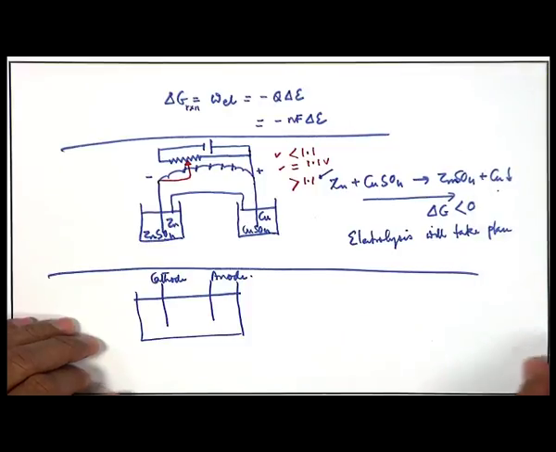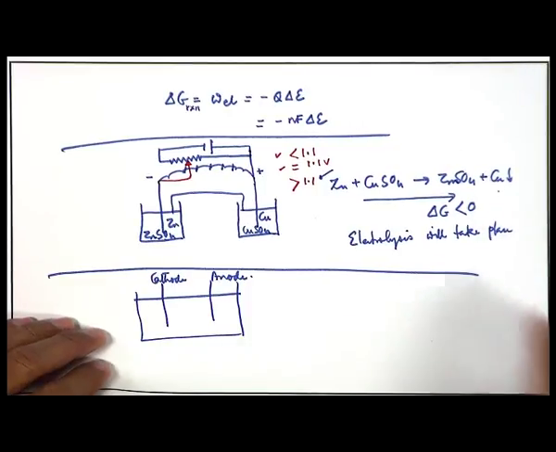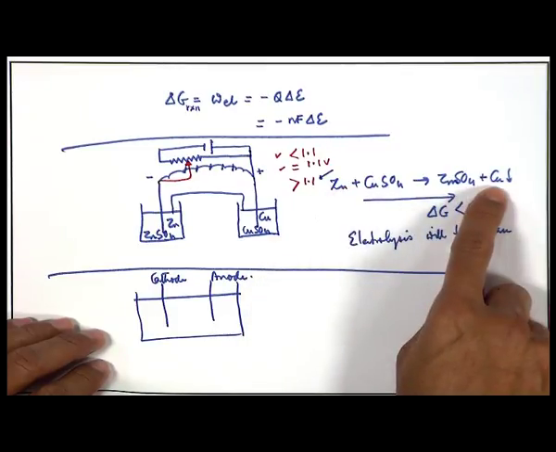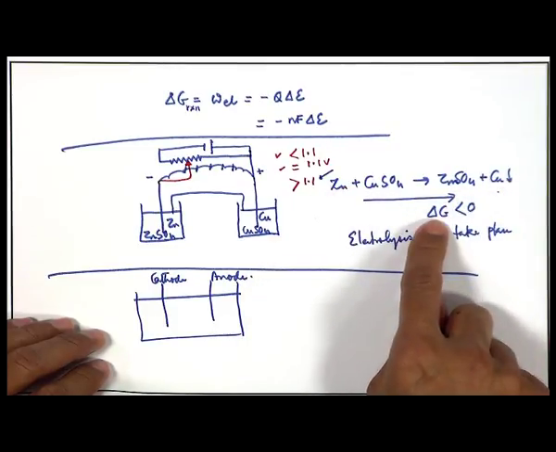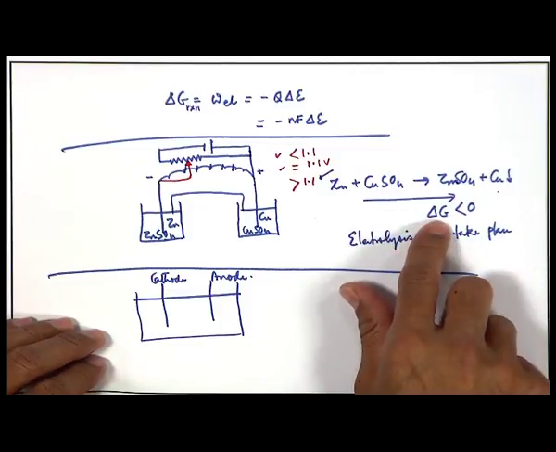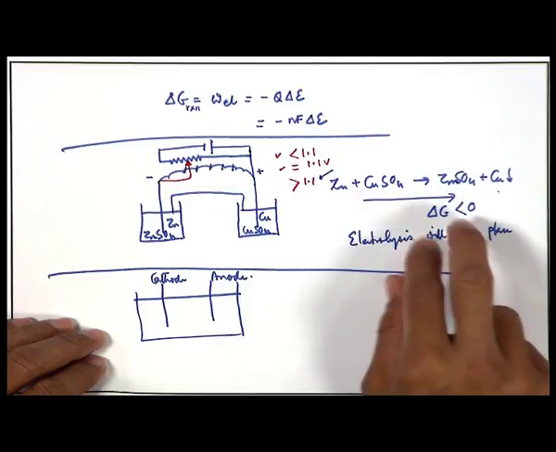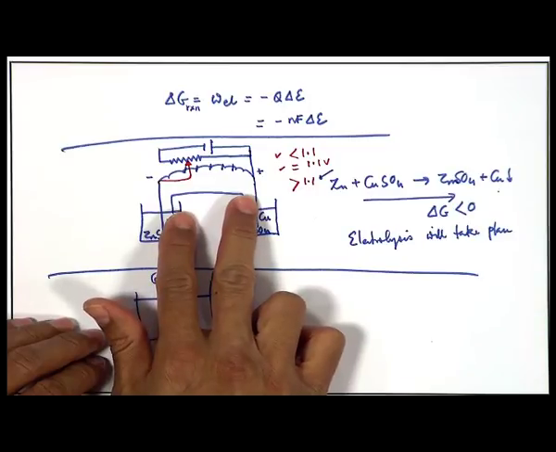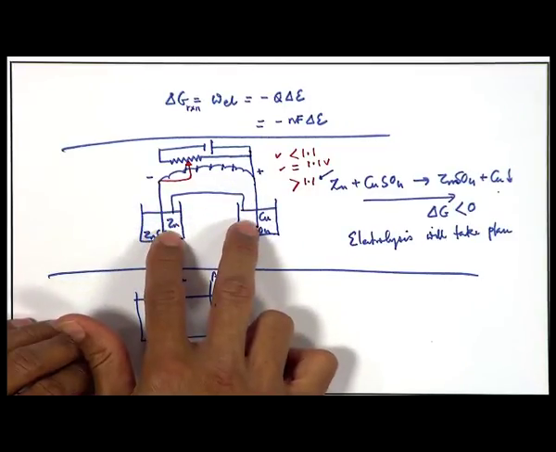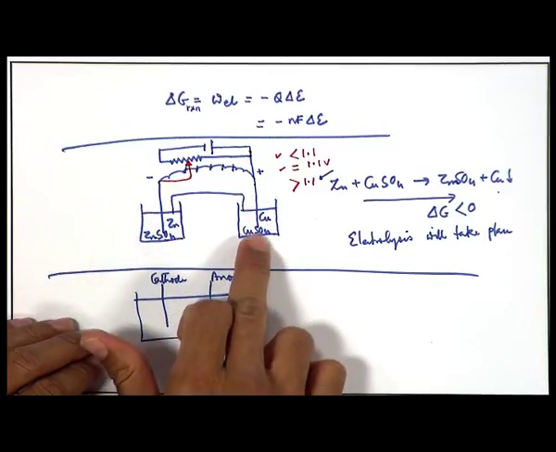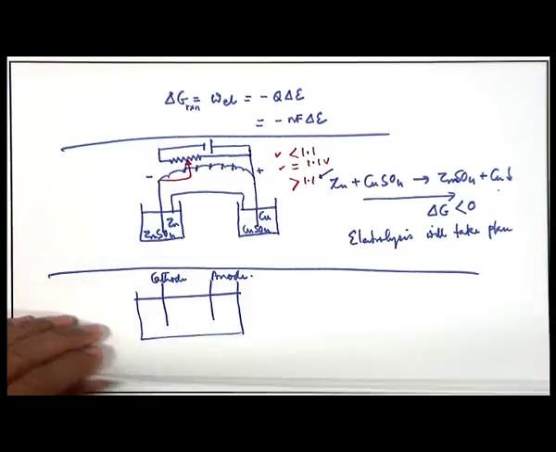Now, the natural direction of the reaction is this, and in that case delta G is negative. But if you make the delta G in the reverse sense negative, by applying a reverse potential drop against this electrode, then the reverse reaction will take place.